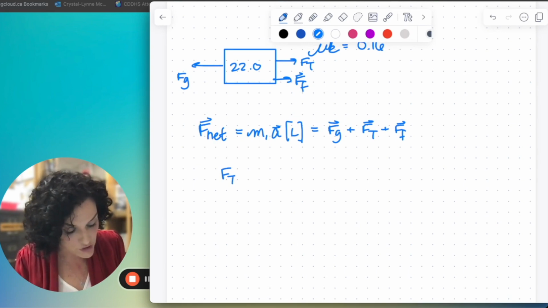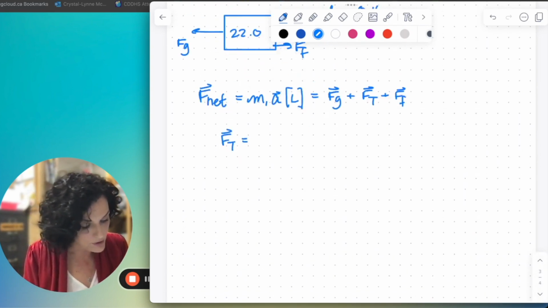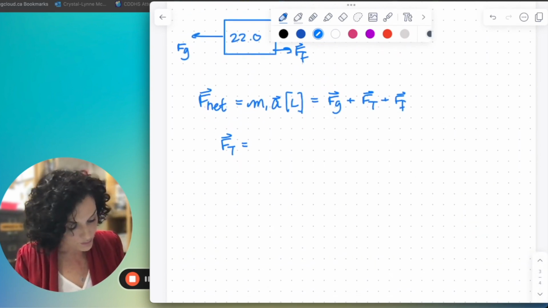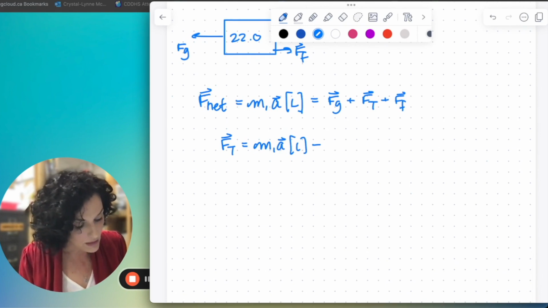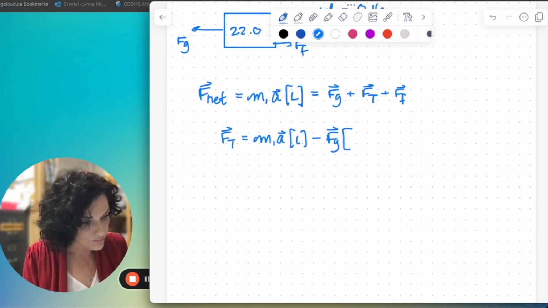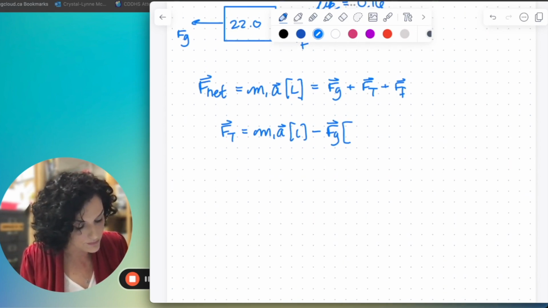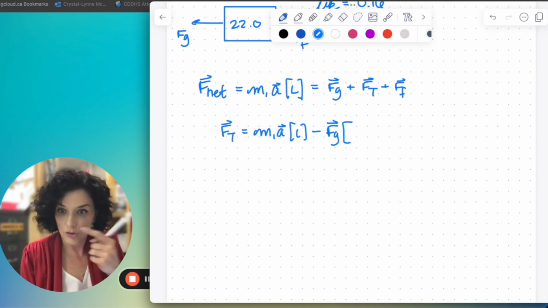So I want to get my tension force isolated here. So I've got my M1 times A to the left. From that, I'm going to take my Fg off of it. And again, my Fg is going towards the left.